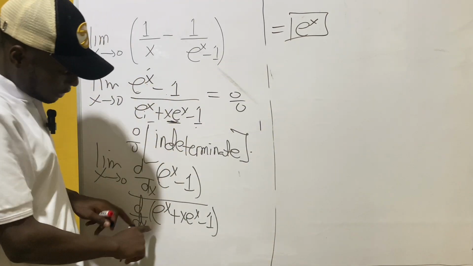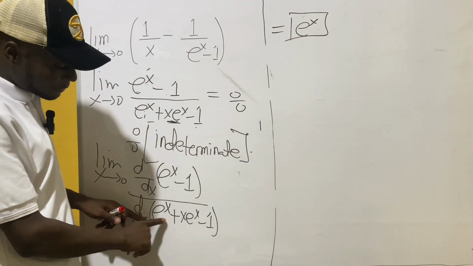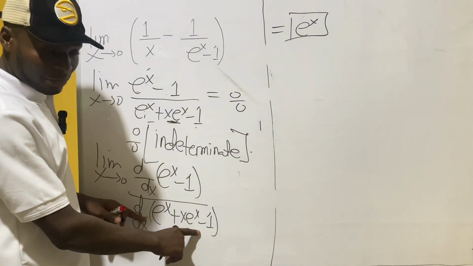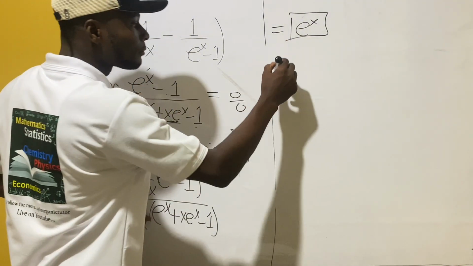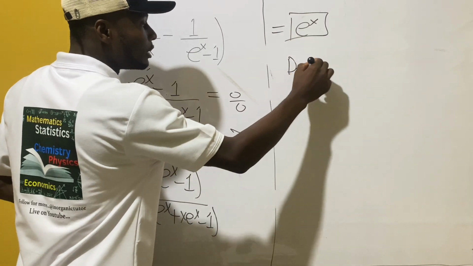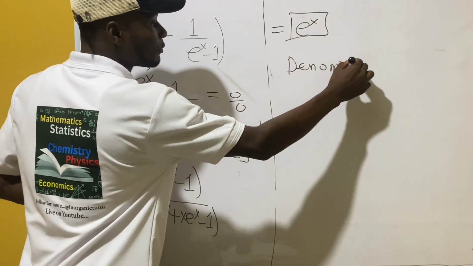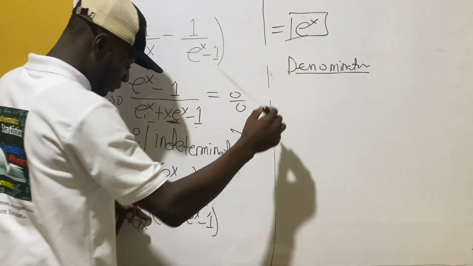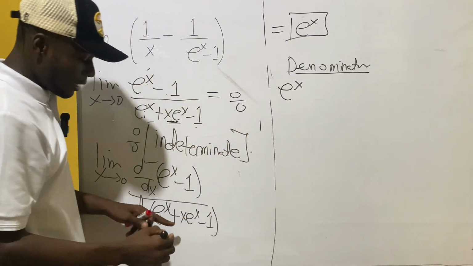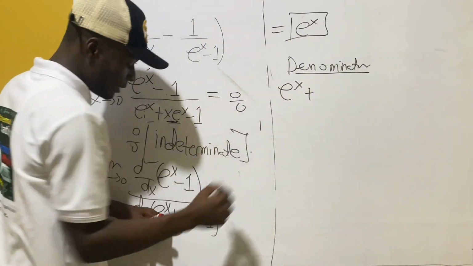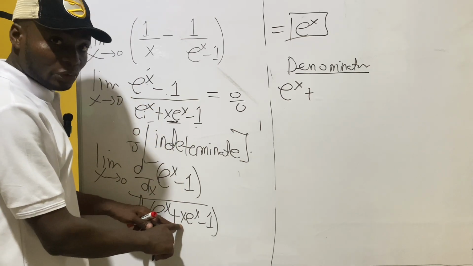Let's take the denominator, which is e power x plus x e power x minus 1. The derivative of e power x is e power x. And then plus, let's differentiate this using the product rule.